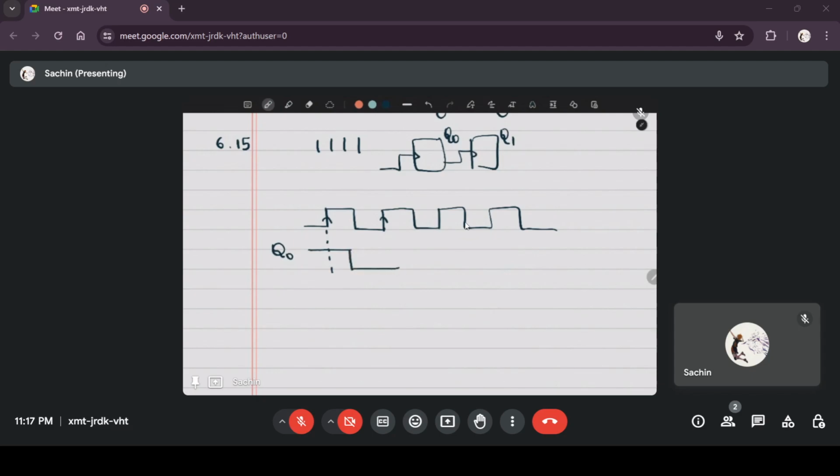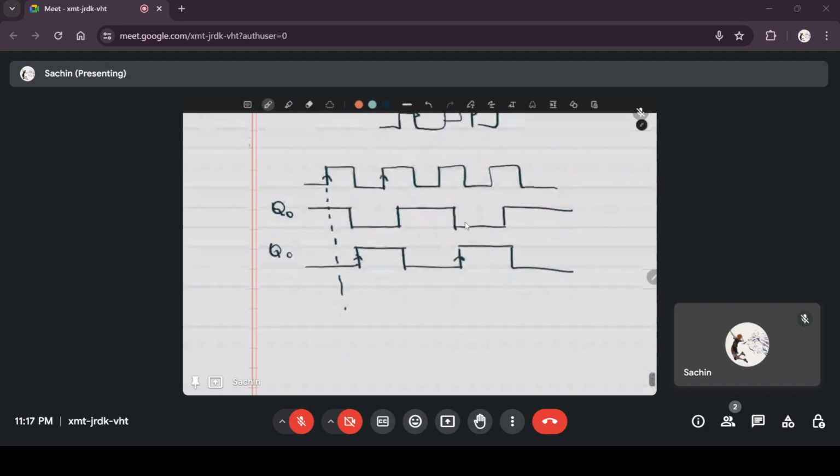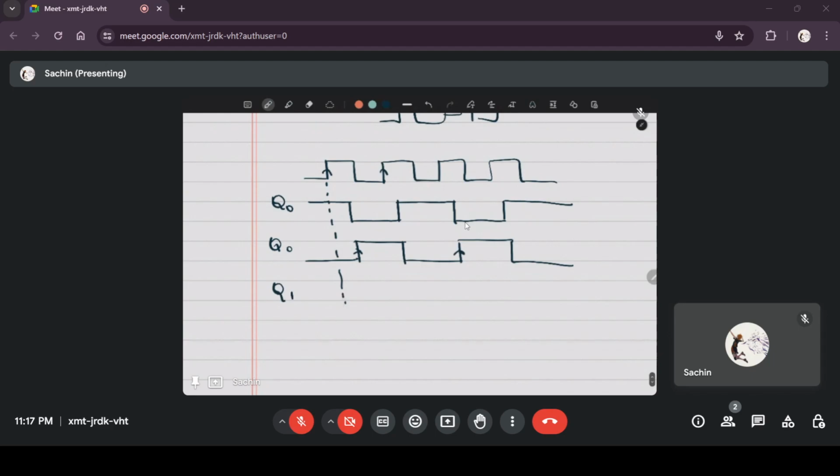Fall here, go up here, fall here, go up here, fall here, and then Q0 complement is this. Now Q1 will treat Q0 as its clock. It was initially 1. It falls down at this point after a delay, then goes up, and so on.